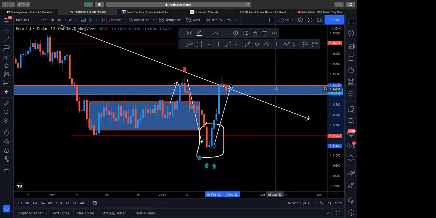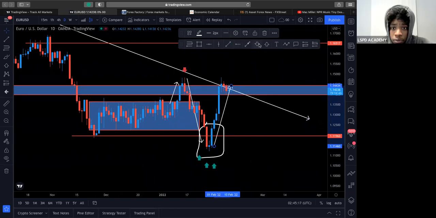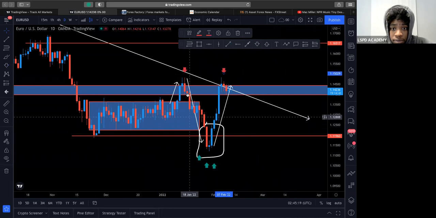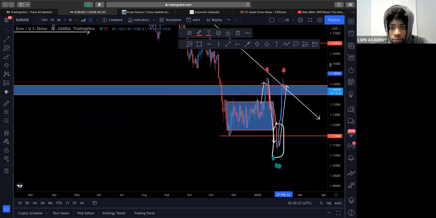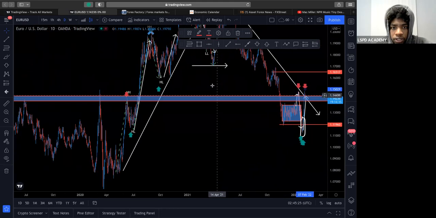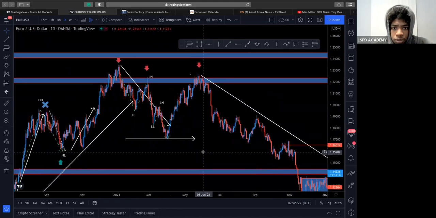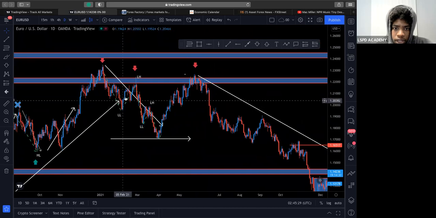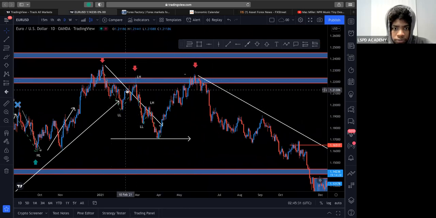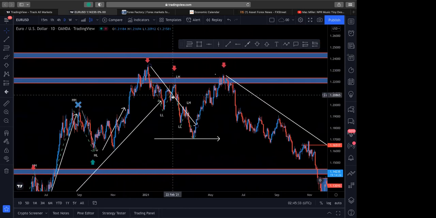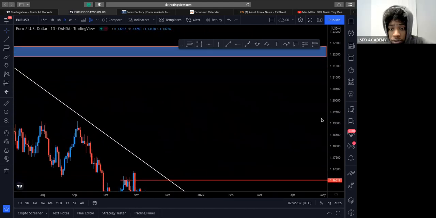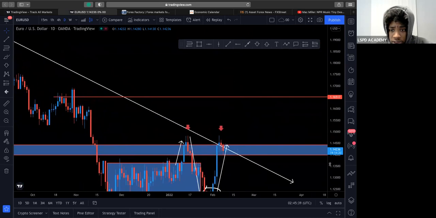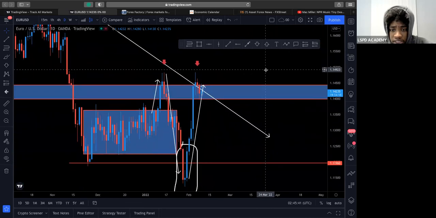So now we're looking at another scenario where we might have a double top: one top, comes down, two tops. And if we look back at our previous movements, we can see we had that same thing here, right? This one's just a lot cleaner, but essentially it's the same thing. They tell us the same thing, right?